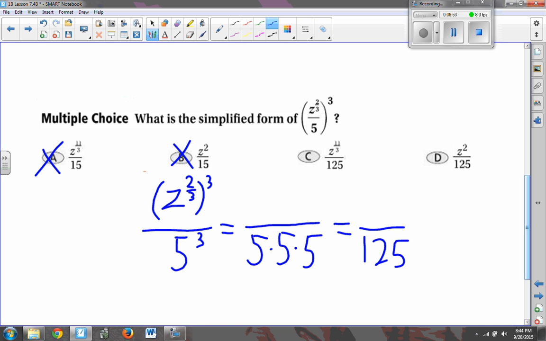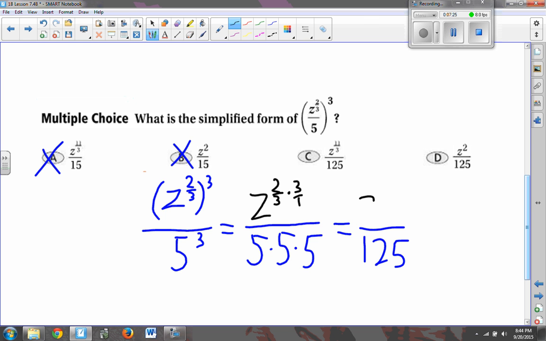Hopefully you remember from section 7.3 that when we raise a power to another power, we multiply the exponents. So this really is z to the 2/3 times 3. And now if I want to make this multiplication easier for myself, I'm going to turn that 3 into a fraction, 3 over 1. Now, 2 times 3 across the top is going to give me 6, and then 3 times 1 on the bottom is going to give me 3.